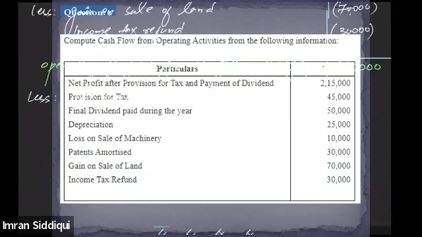Provision for tax. Just a minute. Tax paid, no. Provision. The provision for tax that we have made was 45,000, and the tax refund we have got is 30,000. So that simply means that we must have paid tax amounting to 15,000.